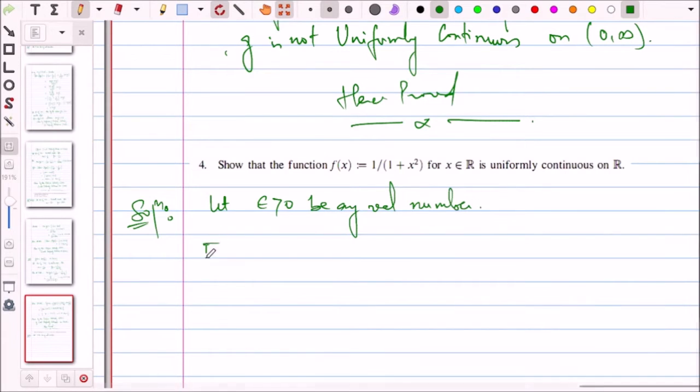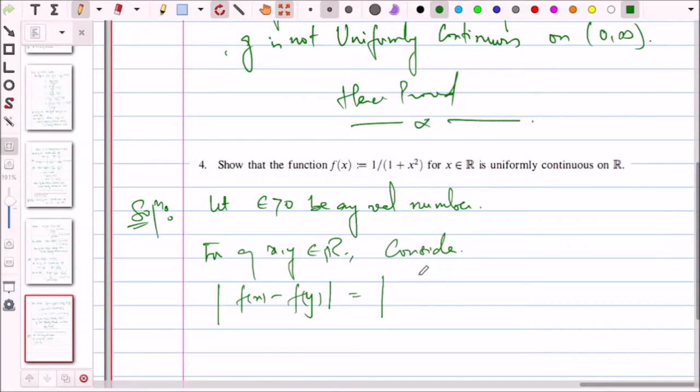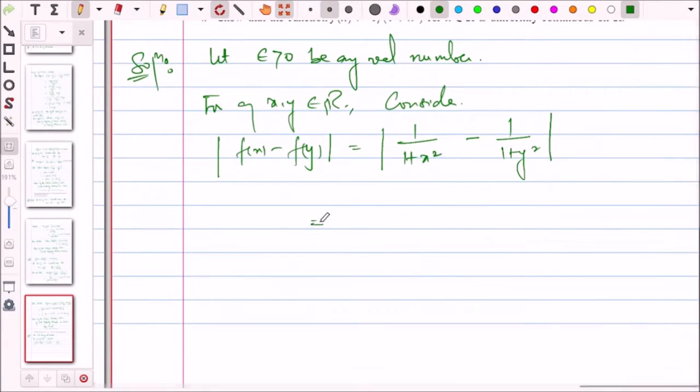Now for any x, y belonging to R, consider f of x minus f of y. This is nothing but 1 upon 1 plus x square minus 1 upon 1 plus y square. When you simplify it, you get y square minus x square upon 1 plus x square times 1 plus y square.